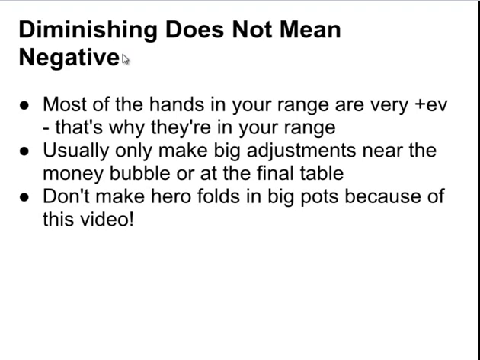So look for small edges and small spots where you can cheat and play fewer hands than you normally would, but don't look for spots to throw away everything. And there are a few exceptions to this, especially in the money bubble situation, but I'll cover those later.